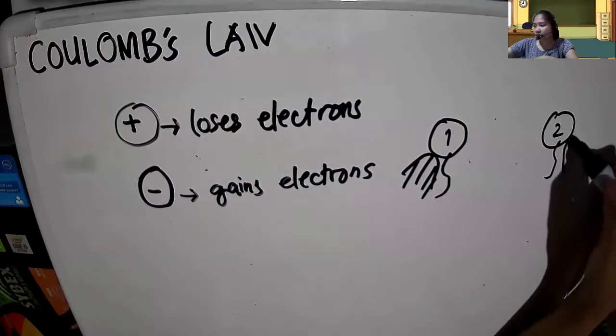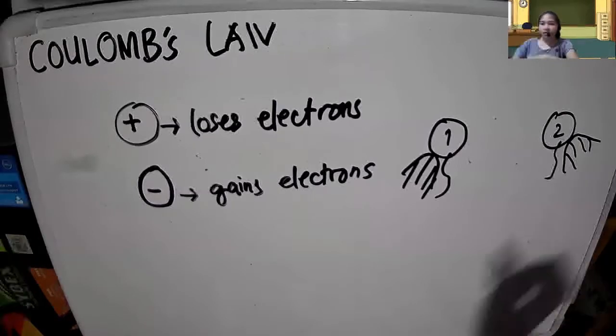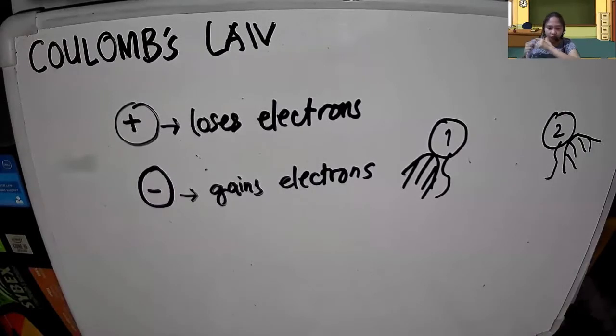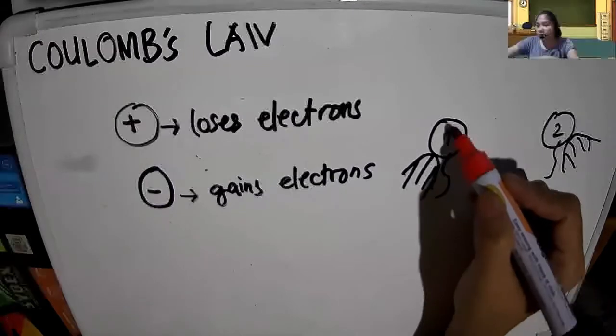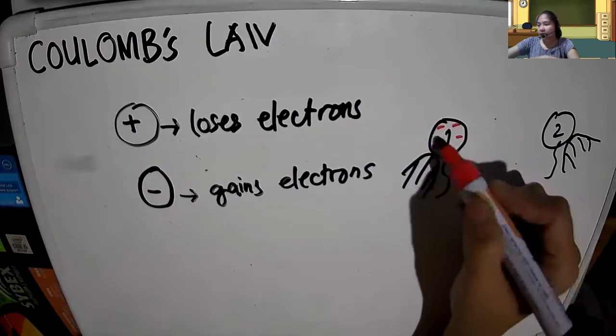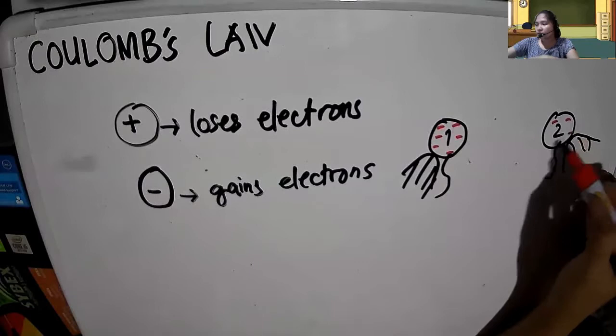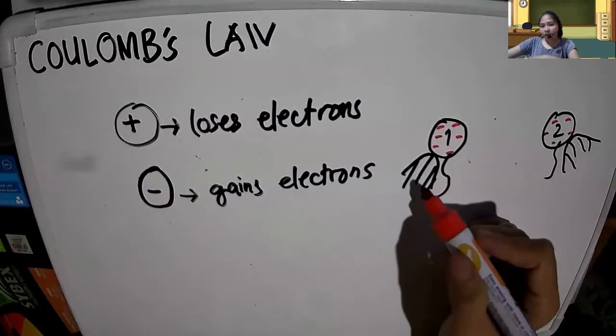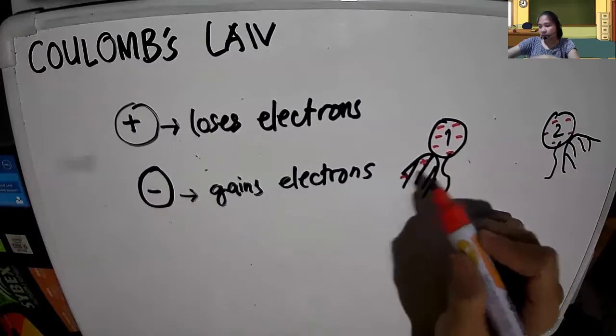You also rubbed the second balloon with your hair. So what happens to the first and second balloon? They get an imbalanced charge. They become both negatively charged. Okay, and balloon two also becomes negatively charged. Your hair becomes positively charged.